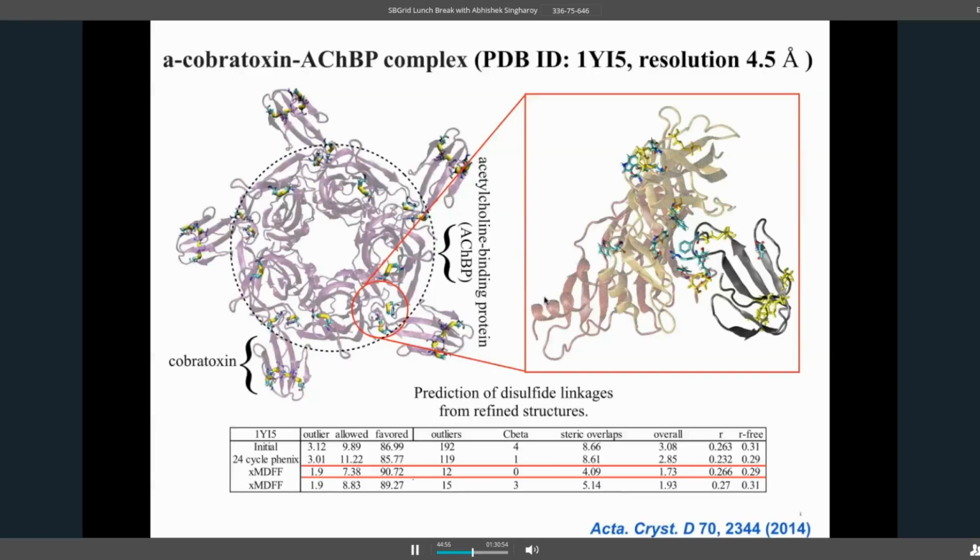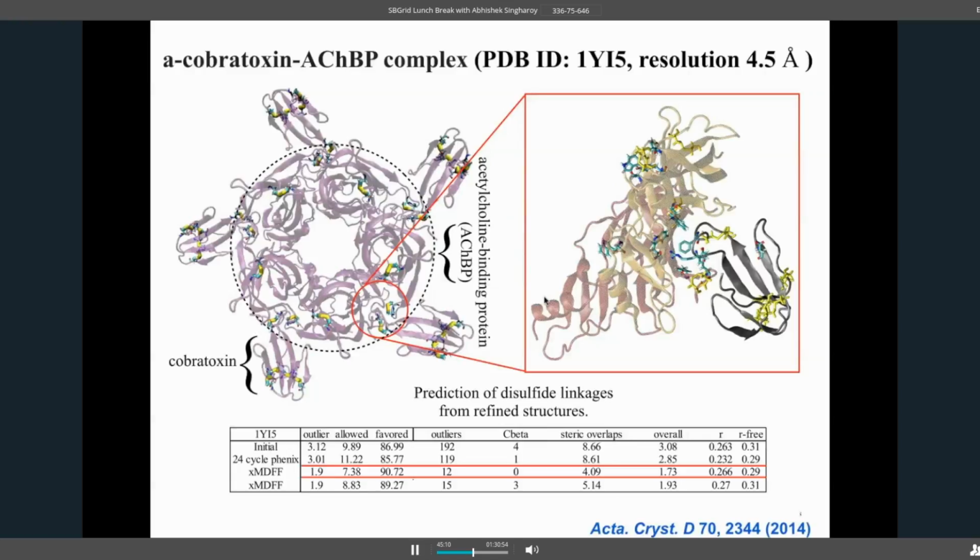So here, for example, this is a complex called cobratoxin. We started out with an initial structure that was already submitted in the Protein Data Bank, and then we ran Phenix on it, and we got reasonably good results.